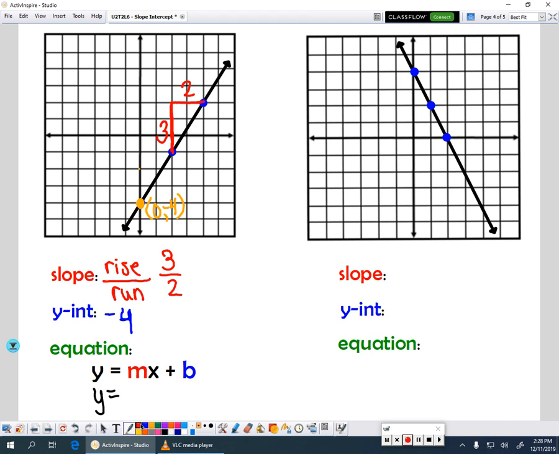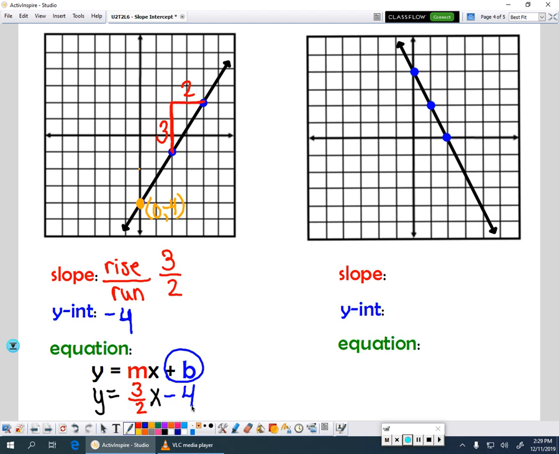I replace my m with my slope, which is 3 over 2. My x stays the same. Now this time when I replace this b, instead of writing plus and then my y-intercept, which is -4, I wouldn't write + -4. I'm going to simplify that, and I'm just going to have -4. Okay, so this is how we can write the equation of a line.